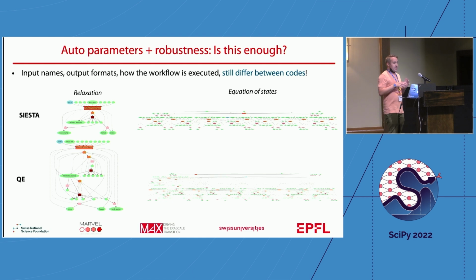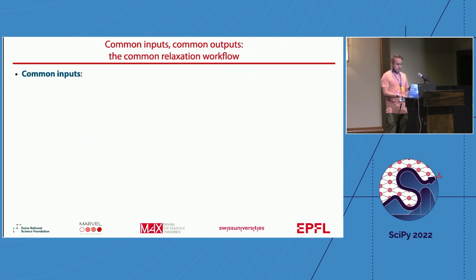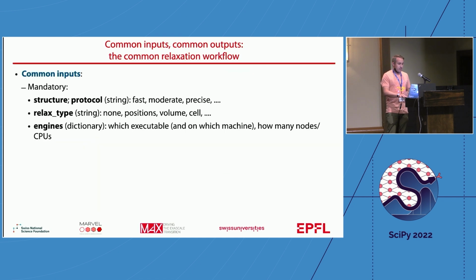And so what we did in the next step is to define a common format for the inputs and the outputs. We define a very small set of mandatory inputs for a crystal structure relaxation, which was the first common workflow interface we defined.